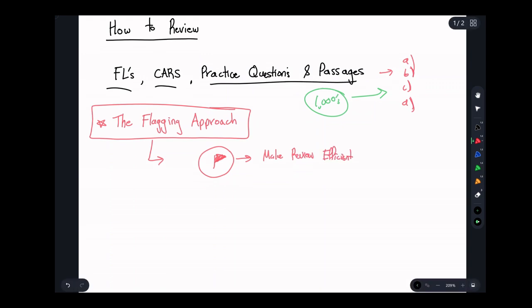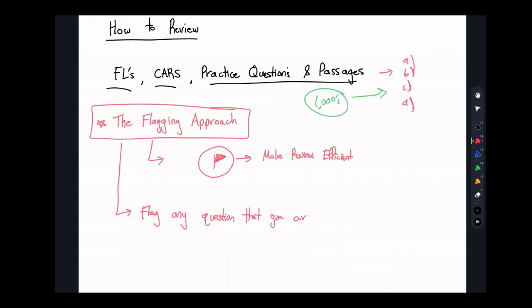So here's the idea. With the flagging approach, you are only flagging, or actually, I shouldn't say only, because you're going to be flagging a lot. You're going to flag any question that you are not 100% confident about.